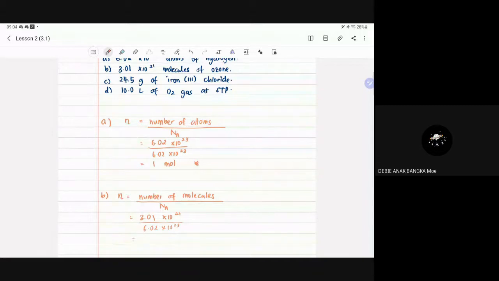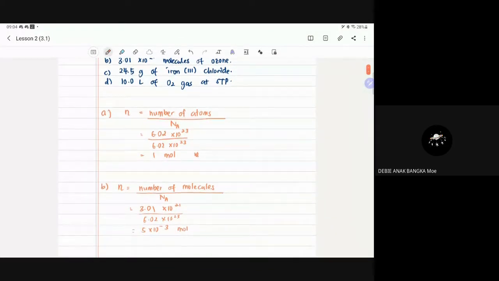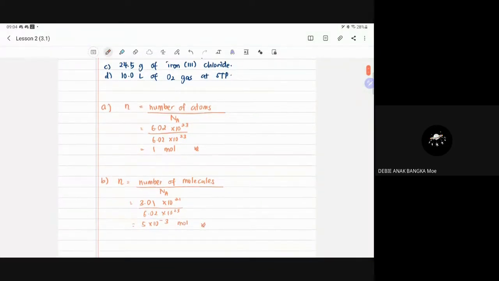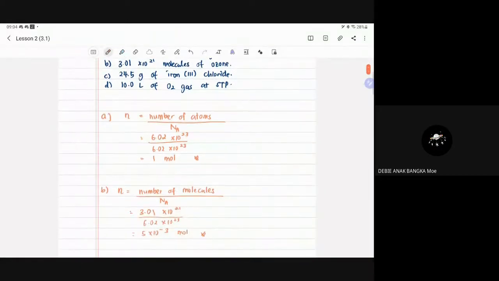And you should get 5 times 10 to the minus 3 mole. Itu adalah soalan B. Okay. Make sure again the unit must be present. Okay. So unit must be present there as well.